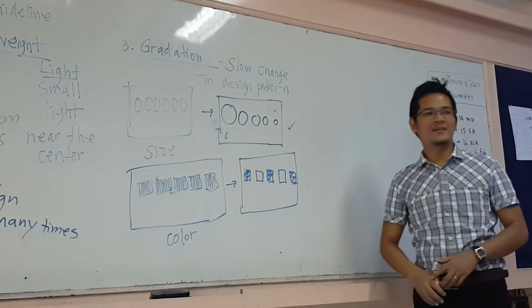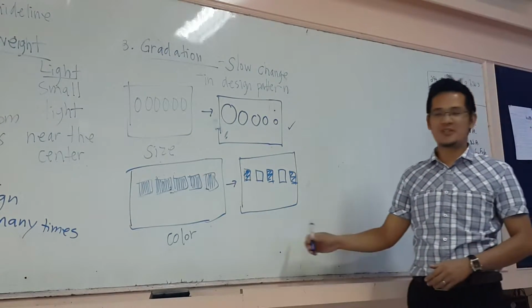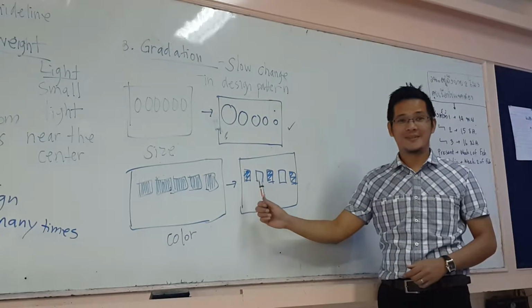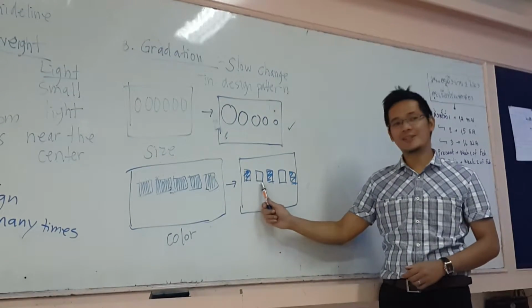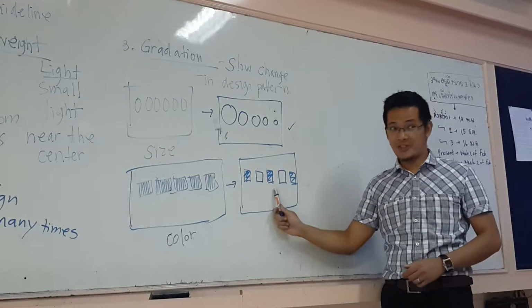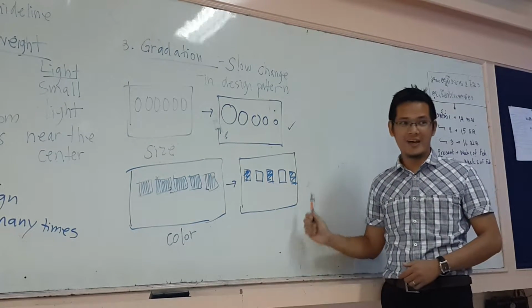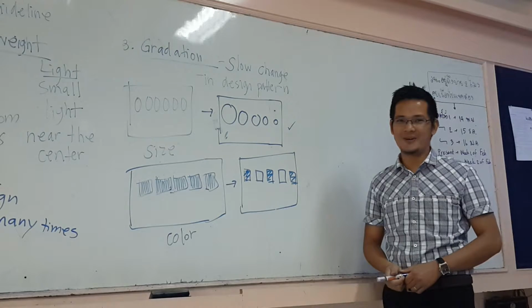Okay, what do you notice about this picture? The color changes from a dark color, light color, but back to a dark color, light color, dark color again. Okay, what is wrong with this picture?